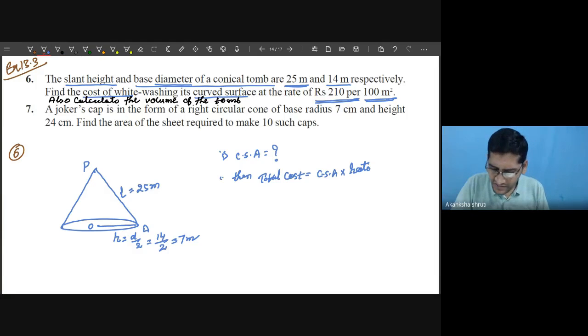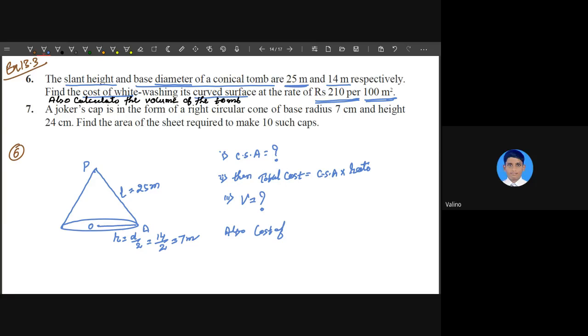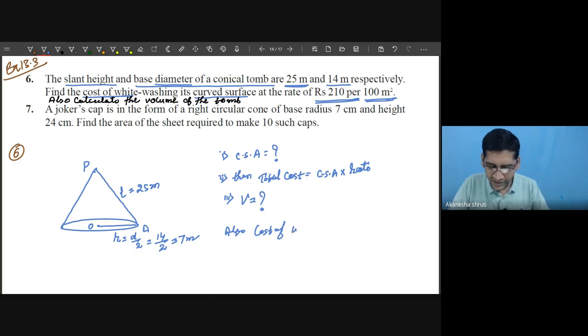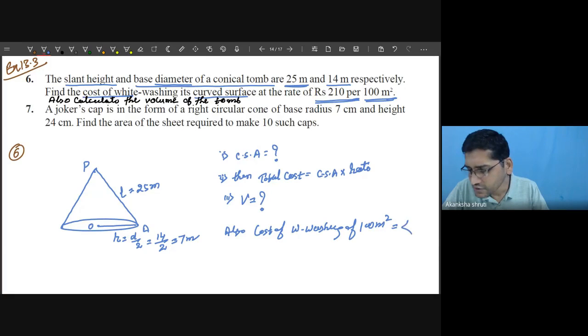So the third thing that we will calculate here is the volume of the tomb. Here the slant length is given, the radius is given, and also the cost of whitewashing of 100 meter square is rupees 210.